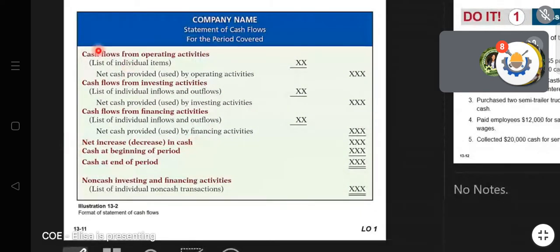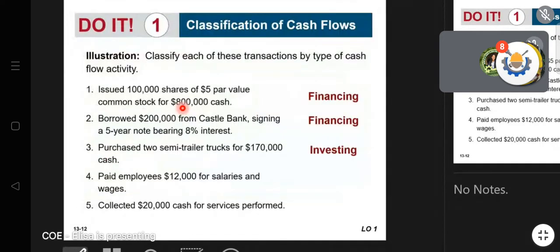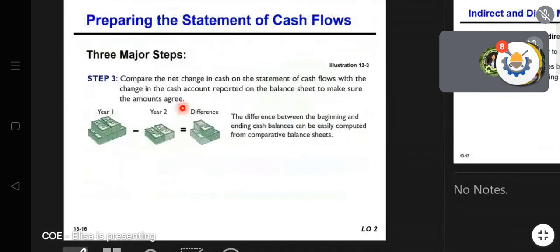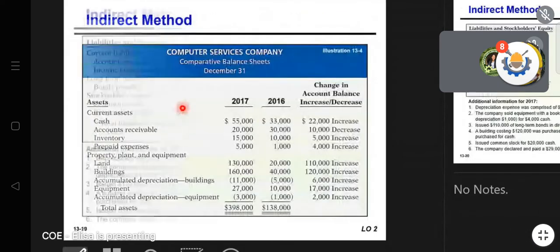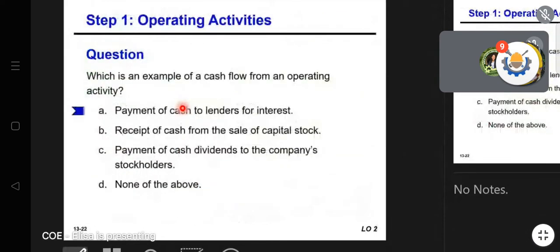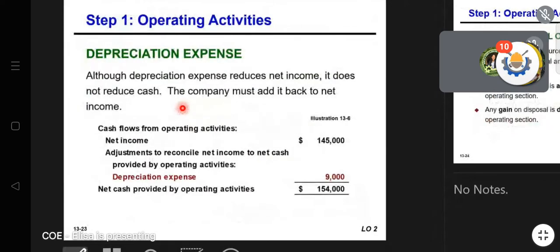Cash flows, cash flows from operating activities. So that's the start. Balikan na ko to. Okay. Cash flows from operating activities.